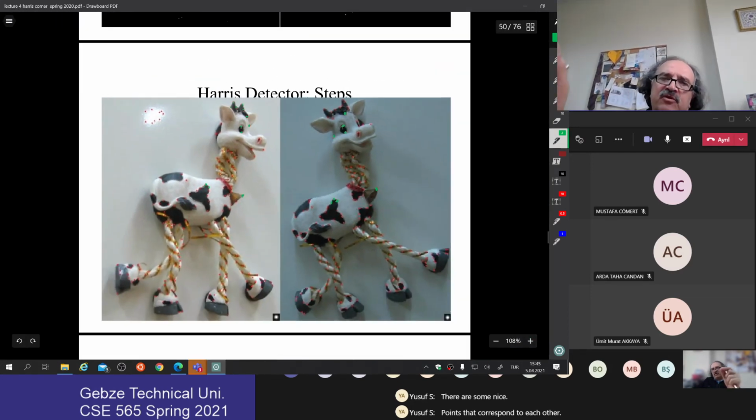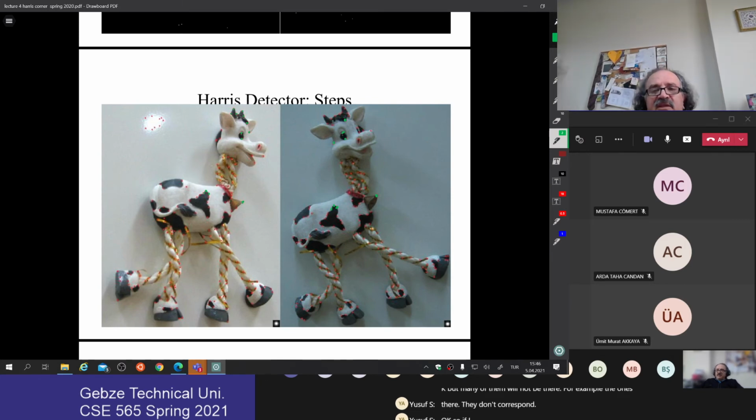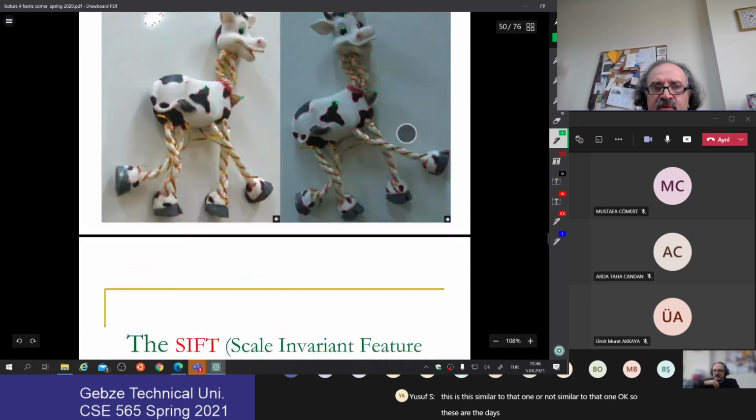But many of them will not, for example the ones there, they don't correspond. So if I would like to correspond these 2 points together, I need to test it. Is this similar to that one or not? So these are the corresponding points.